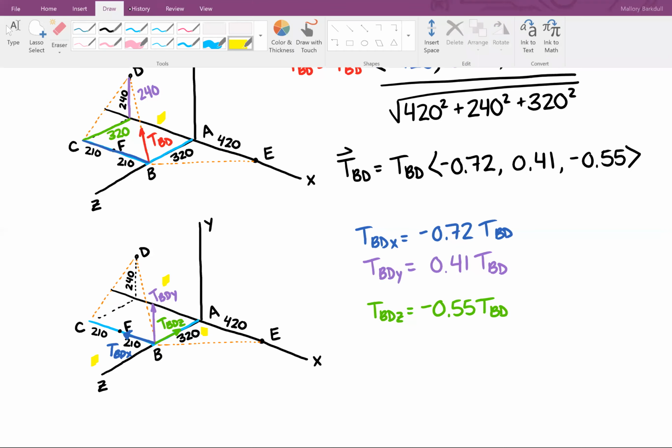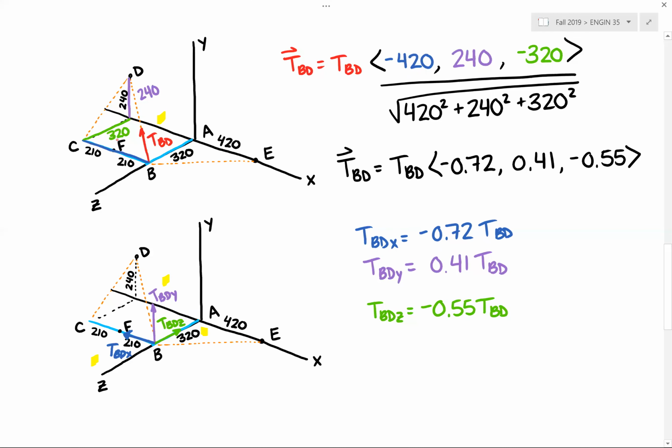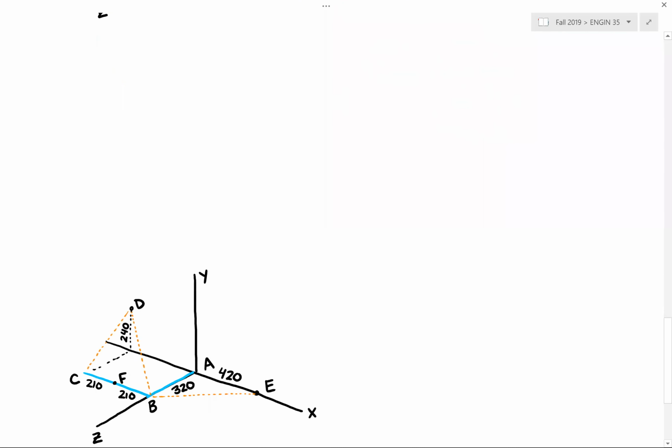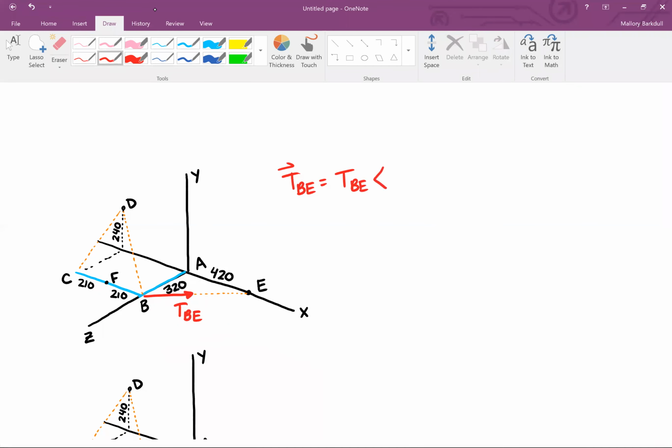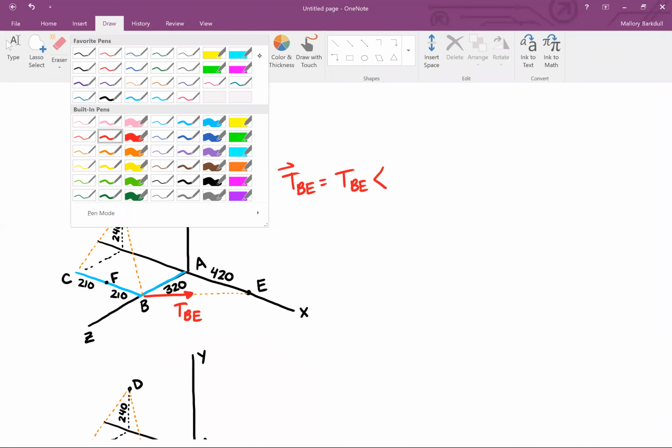I have one cable left to go. So I have TBE. So TBE is going to be the magnitude of TBE times the distance I go in each of the different directions.